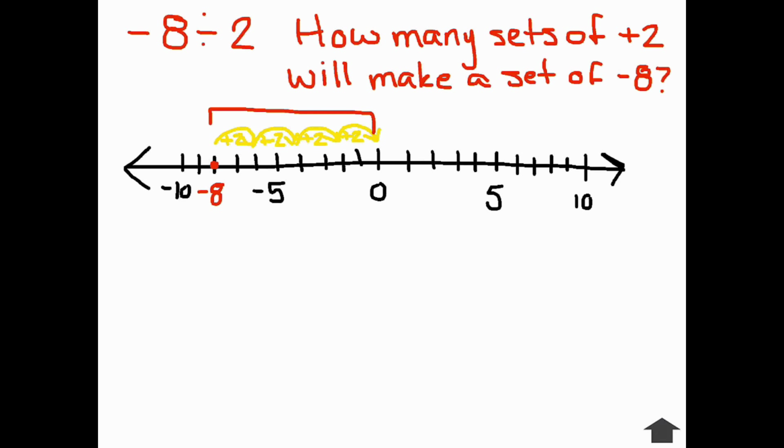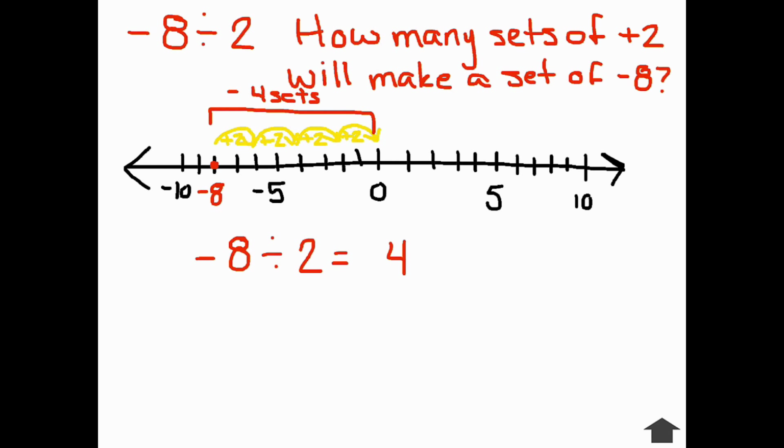So here we can see that I have 4 sets. But what did I actually do to get those 4 sets? I didn't really add them, I subtracted them. Now we know from our number line above that it took 4 sets of 2 to make that negative 8.